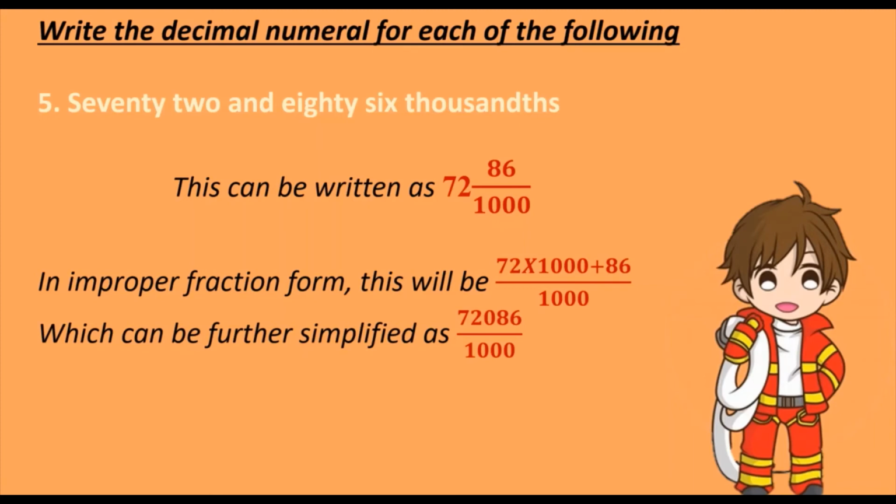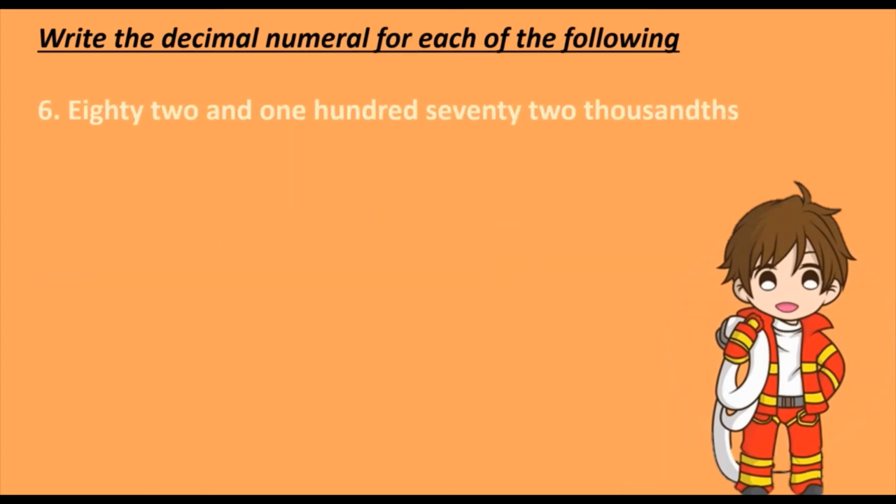That is the denominator as 1000. Now, since 1000 has 3 zeros, we put a point after 3 places counting from the right and we get 72.086.